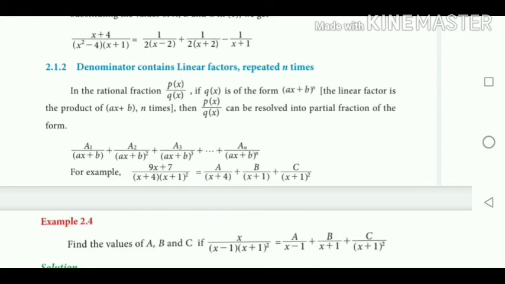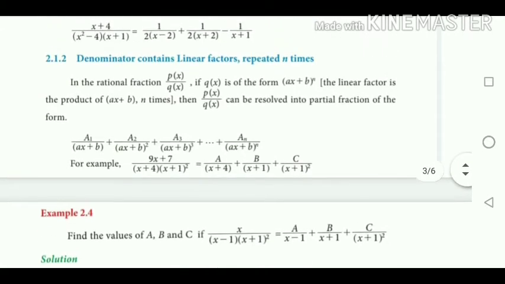Here x plus 1 is repeated, that is, repeated means it is two terms, x plus 1 as well as x plus 1 whole square. Okay, so if it is like this, you have to take the third term as x plus 1 whole square. Now we are going to see example 2.4 in order to understand the method like this.